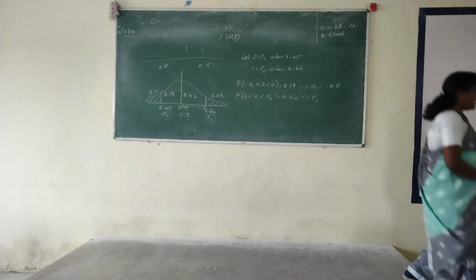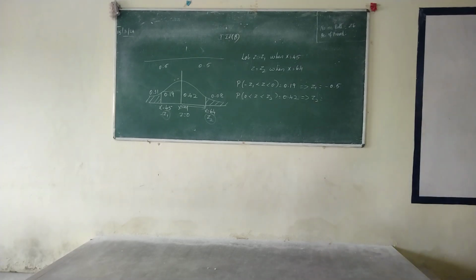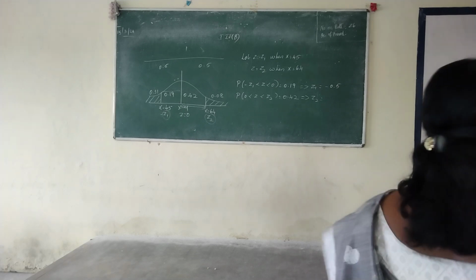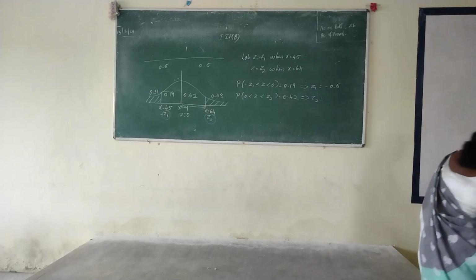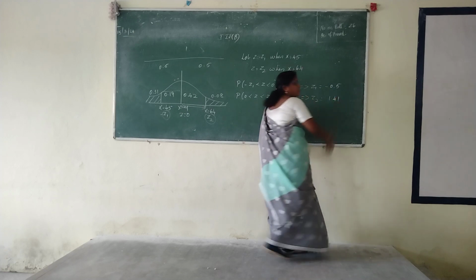So see where 0.42 starts. 0.42 starts with 1.41. Right? z2 is equal to 1.41.